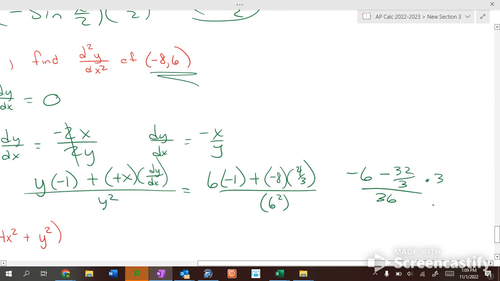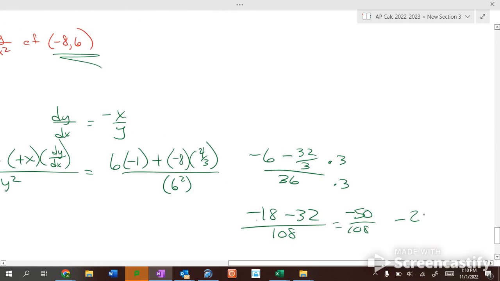Multiply by 3 on the top and bottom to get rid of your fraction. So it's negative 18 minus 32 over 108. Everybody follow what I just did? Yes. 18 minus 32 is negative 50. So it's negative 25 over 54.